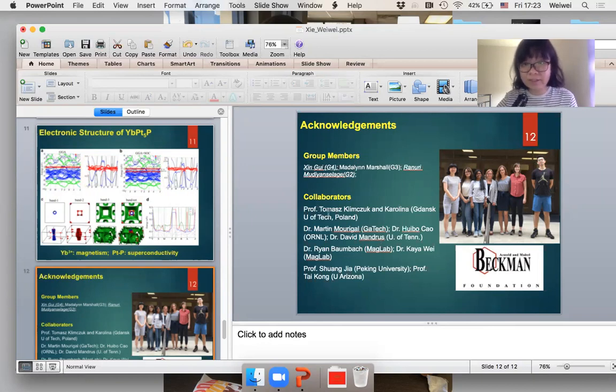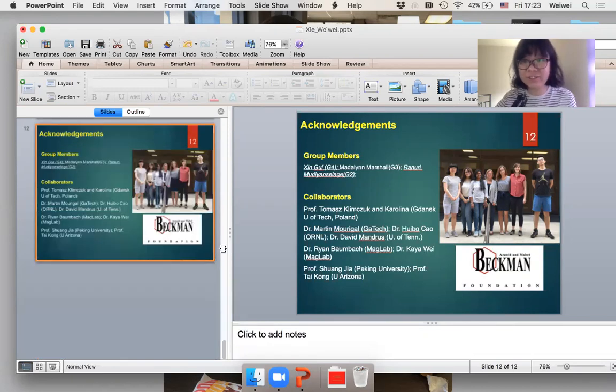My collaborators at Poland, Oak Ridge, Georgia Tech, MagLab, Peking University, and Arizona were very helpful in measuring temperatures down to 0.1 Kelvin, which is very important for the research. Thank you very much.